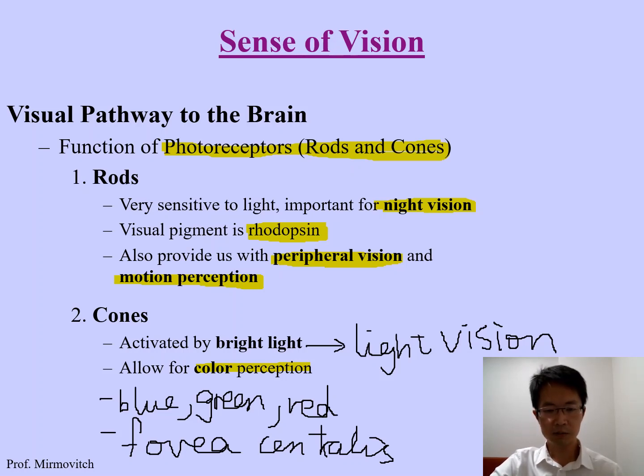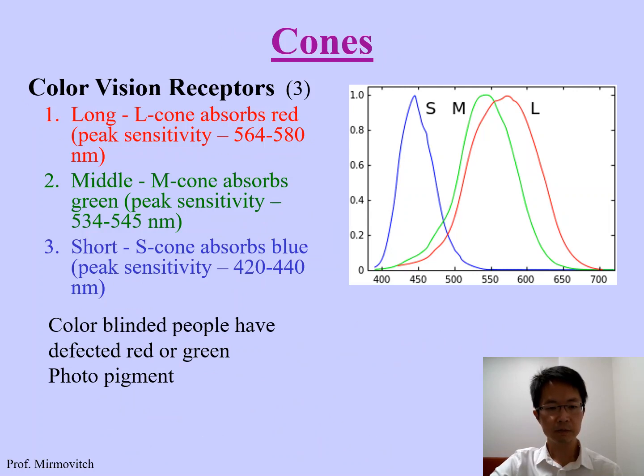So that's pretty much it. Okay. So color perception, I told you that cone cells can detect 3 types of color: red, green, and blue. This is what we'll further explain in this slide here.